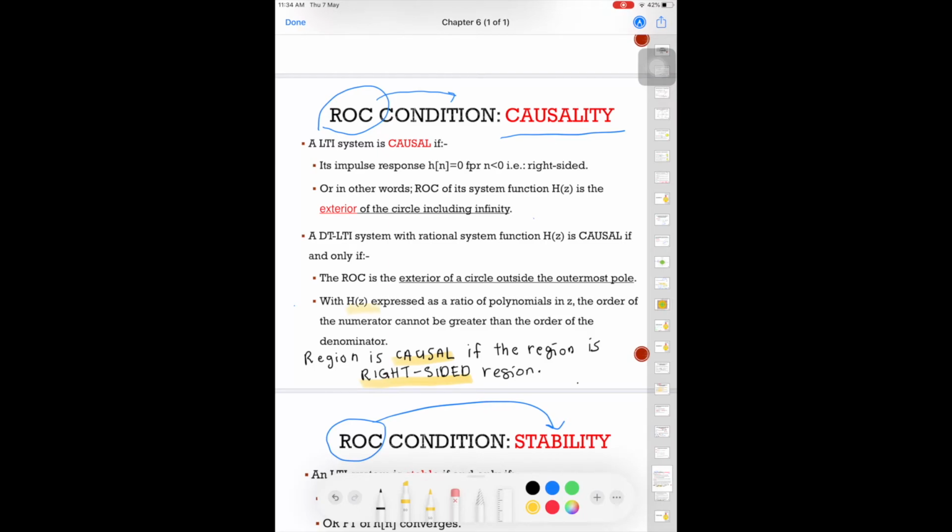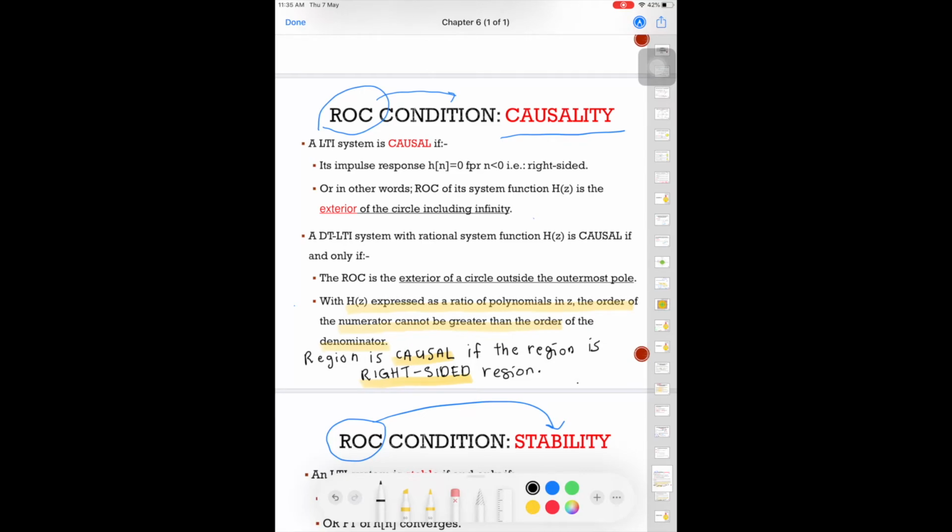which is referring to a right-sided region. Okay, for this part, Hz is expressed as a ratio in Z, so the numerator cannot be greater than the denominator. It means the polynomial for Hz must have a numerator order less than the denominator.